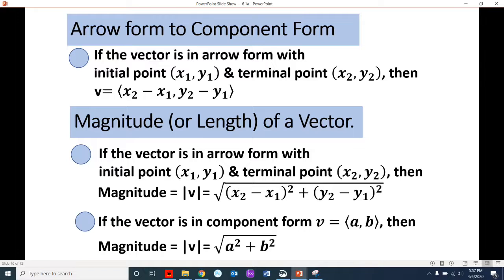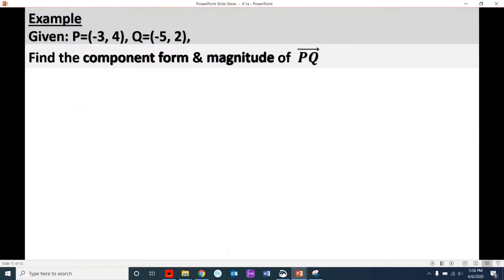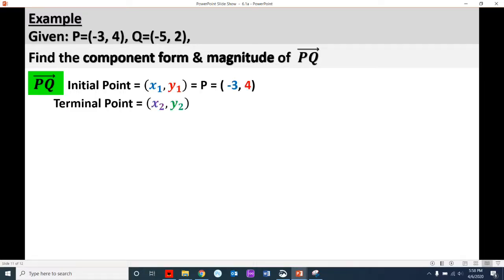Let's look at another example. We are given the information for the vector pq in arrow form. If we would like to rewrite vector pq in component form, we can use p for the initial point, q for the terminal point.